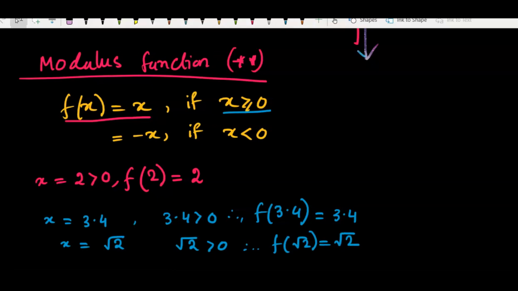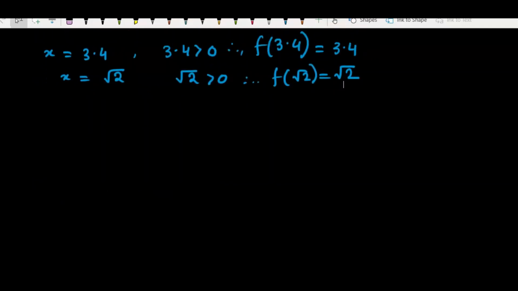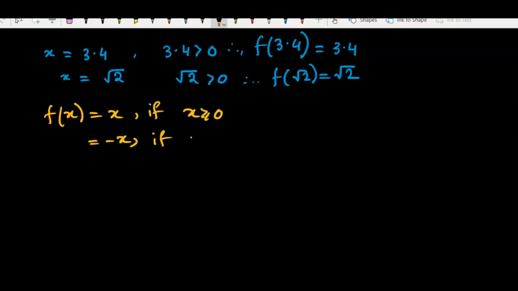Now, let's see what happens for negative x. The definition was f(x) equal to x if x is greater than or equal to 0, and f(x) equal to minus x if x is less than 0. So let's take negative x. Suppose we take x equal to minus 1.